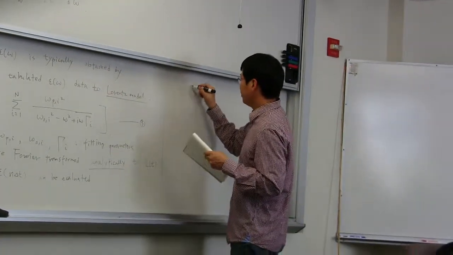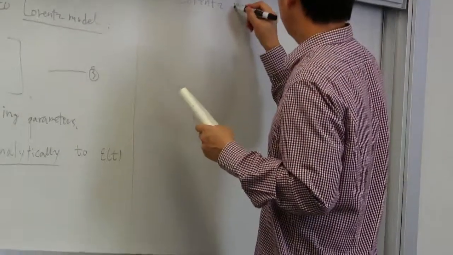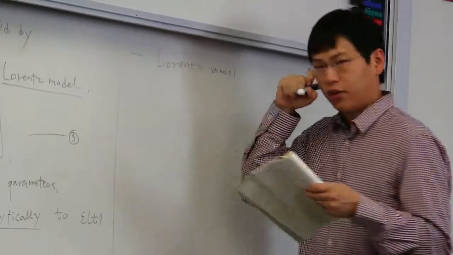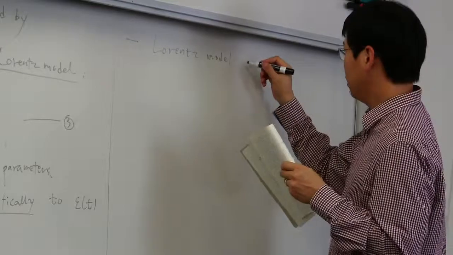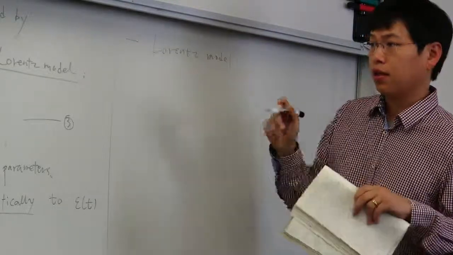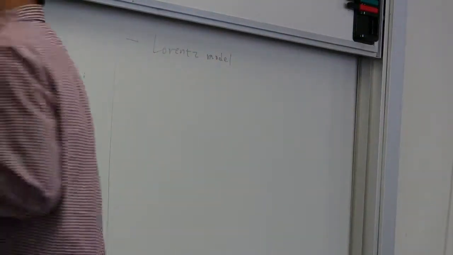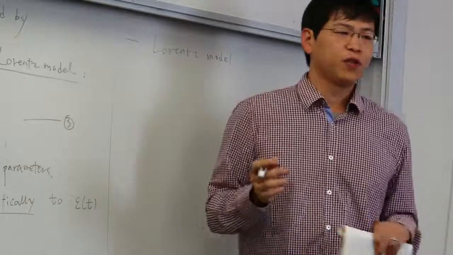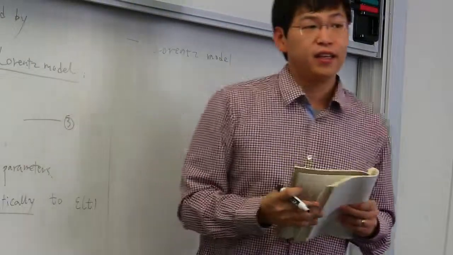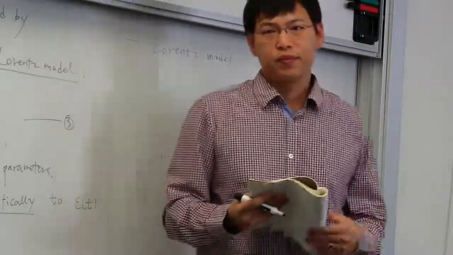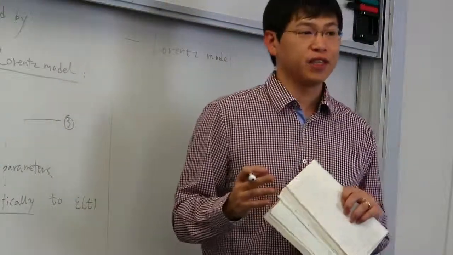And actually, this Lorentz model is not the only analytic function to fit to. So the capital N there is also a fitting parameter? Yeah, you can choose N, so by putting in more terms, you can get a more accurate fit.